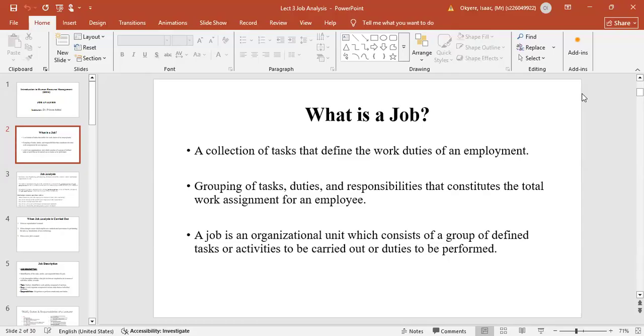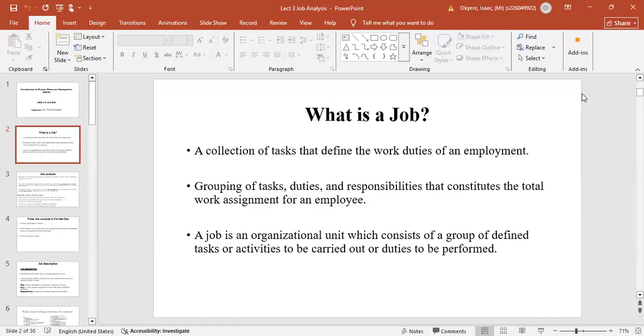So what is a job? We always wake up in the morning and tell the people that we are going to job or we are going to work. What is this work? What is this job at all? A job is an organizational unit which consists of a group of tasks or activities to be carried out.